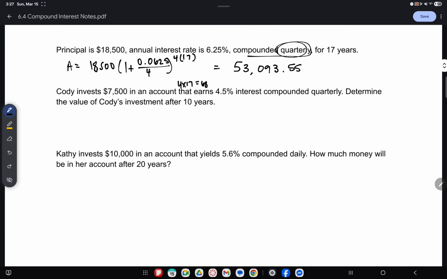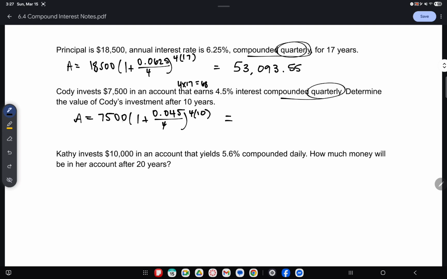Let's keep going. So we invest 7,500 into an account that earns 4.5% compounded quarterly, so again 4, and then the value after 10 years. So, all right, 0.045 divided by 4 plus 1 to the 40, and then times 7,500.